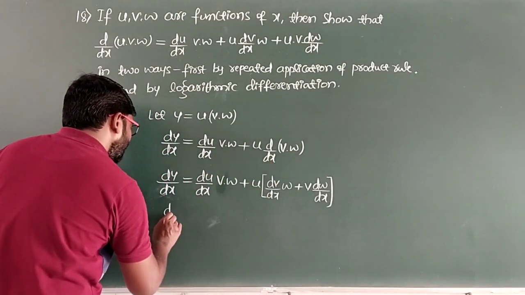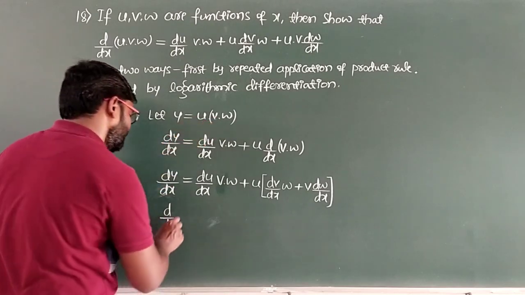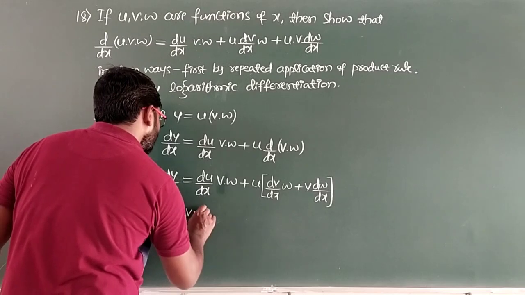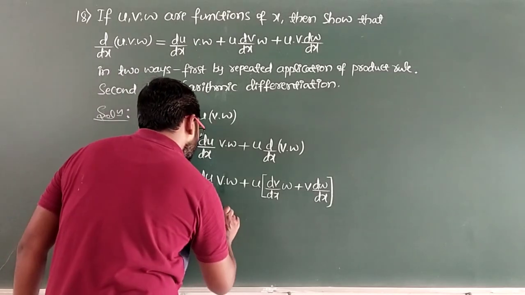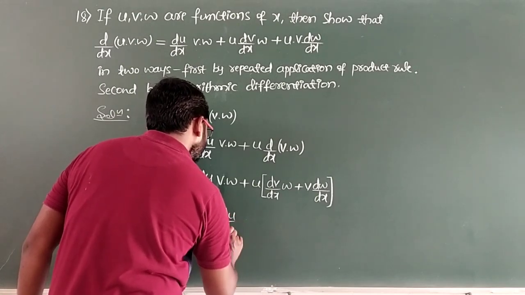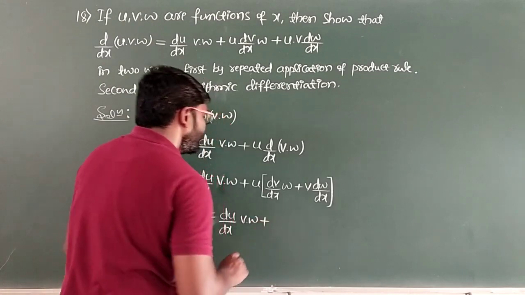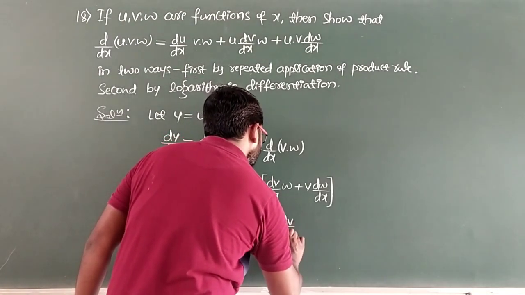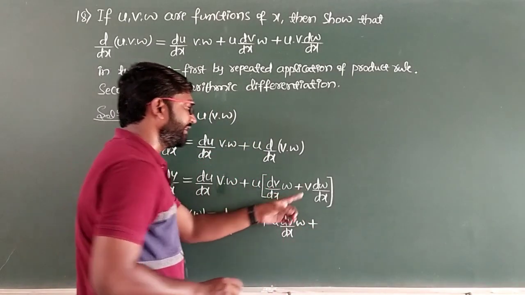So dy by dx or d by dx of y, what is y? uvw. So d by dx of uvw is equal to du by dx into vw plus, multiply u with this now, u into dv by dx into w plus u into v dw by dx.